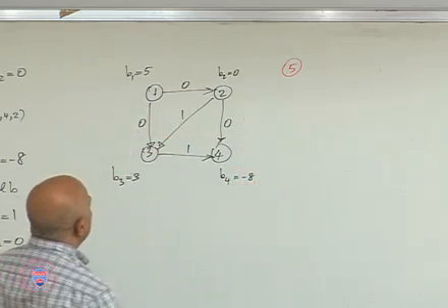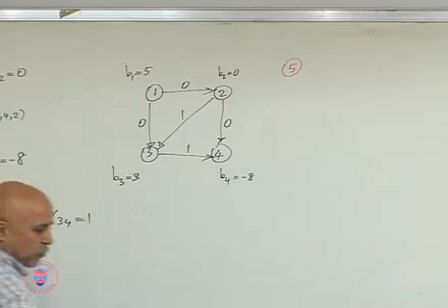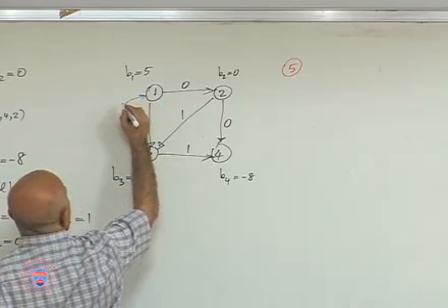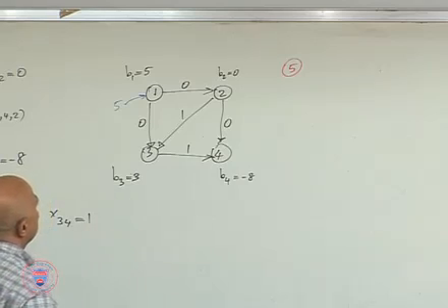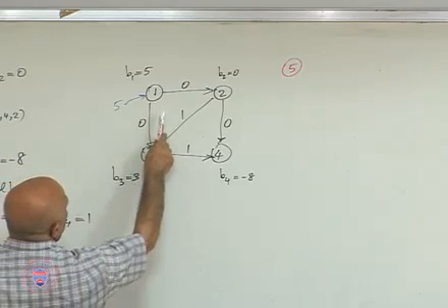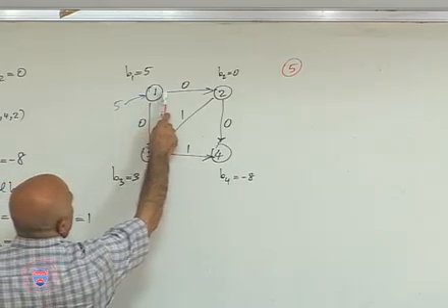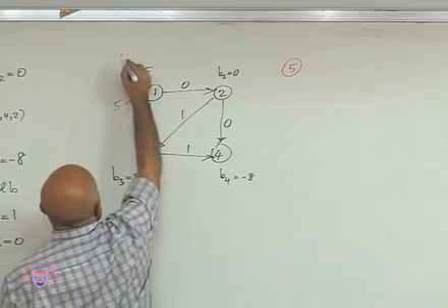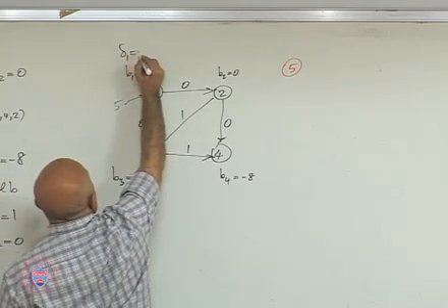So for the first node, node number 1, we have an external inflow of 5 units. So when you compute the net outflow, you have 5 coming in, 0 coming out. So what is the delta value for this one? Minus 5.